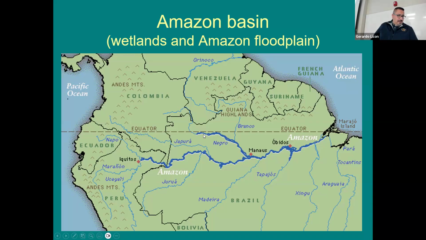Countries that have rivers that feed the Amazon: we have Colombia, Venezuela, maybe it's right on the border, Ecuador, Peru, Bolivia. They all have rivers that feed into the Amazon.